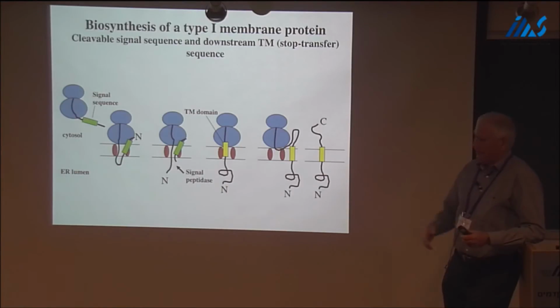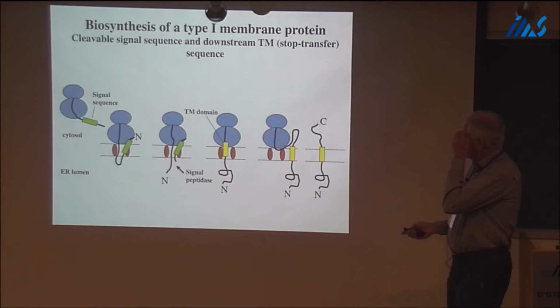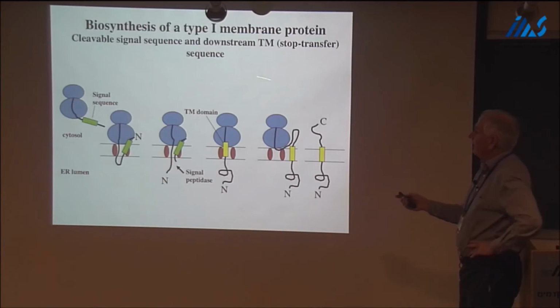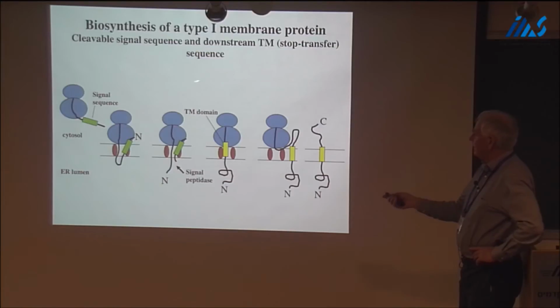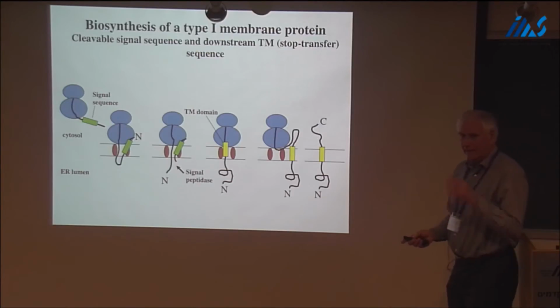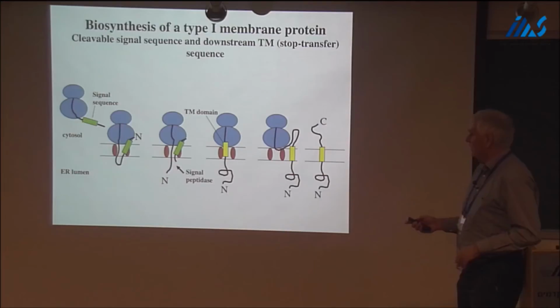But this is basically how we imagine the different types of membrane proteins to be synthesized. I think this is pretty established, but some of the issues about membrane protein integration are still a little bit shaky.